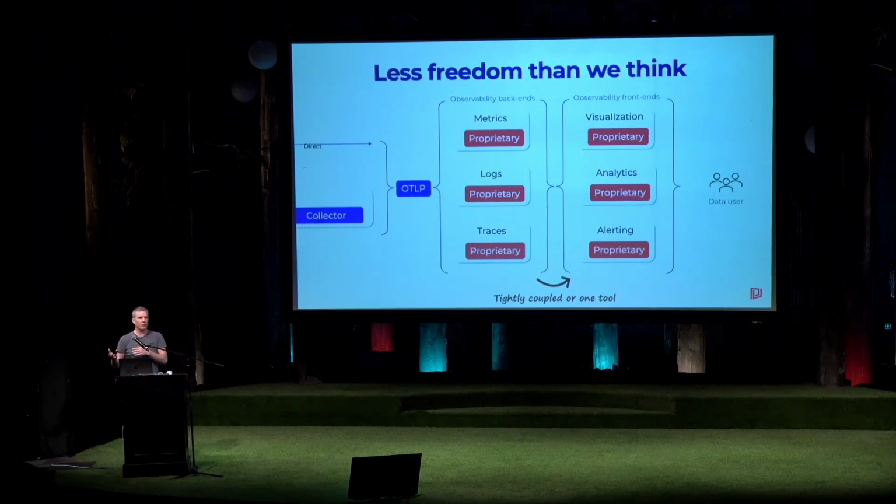So even, for example, if we might be sending some data to AWS CloudWatch and paying for it there, we then have to pay to get that data into the tool that we're using for visualization and analytics. So we pay for it twice by moving into that second tool. So by locking the back ends into the front ends, we're actually locked into a vendor still, more than we realize or than you'd expect from that OpenTelemetry collector architecture.